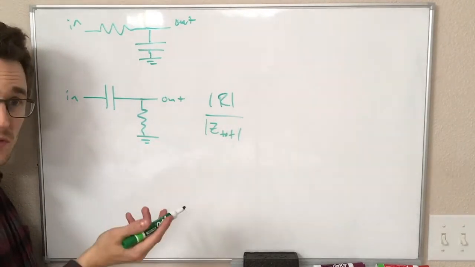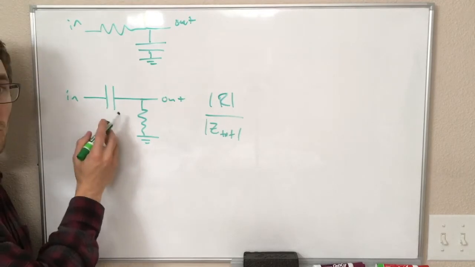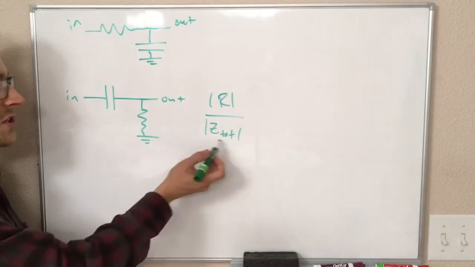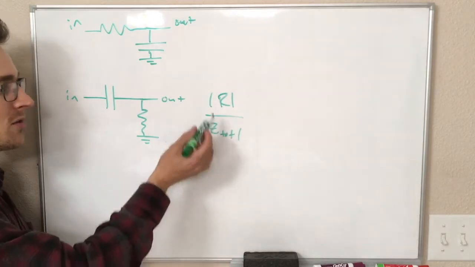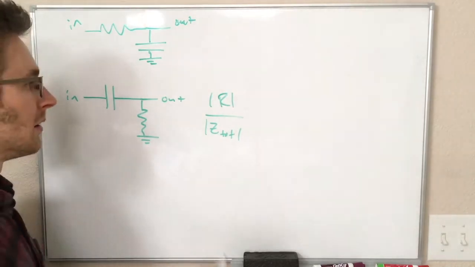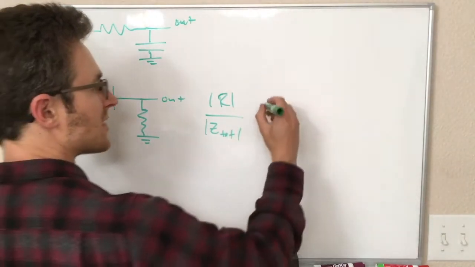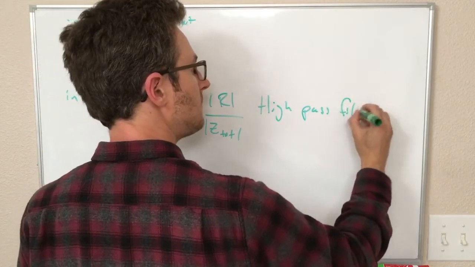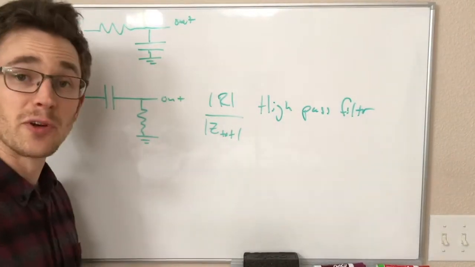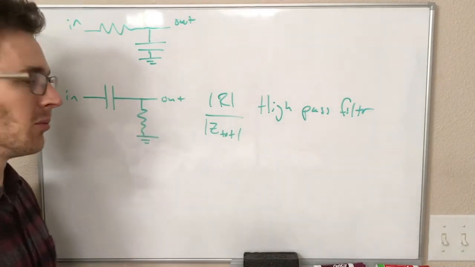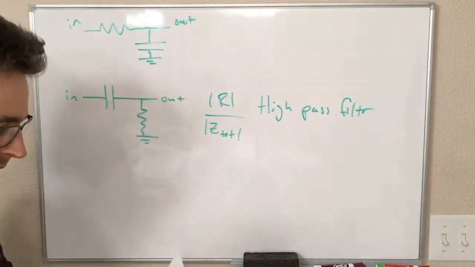At high frequencies, the impedance of the capacitor, 1 over omega C, is very low, and so Z total is approximately equal to R, so we get R over R. So this does the opposite of a low-pass filter. This is a high-pass filter. It allows high frequencies to pass through it and blocks low frequencies from reaching the output.